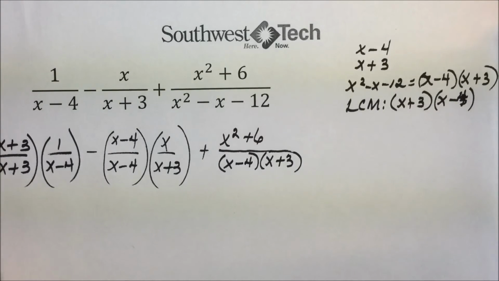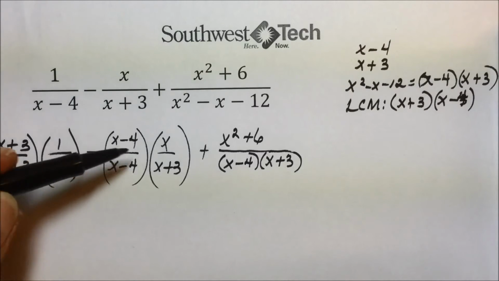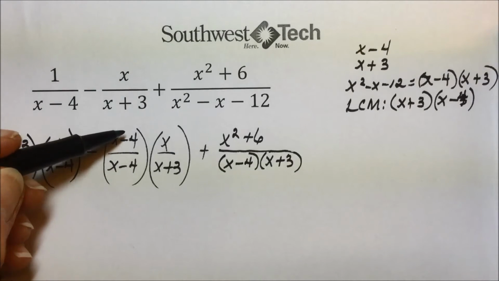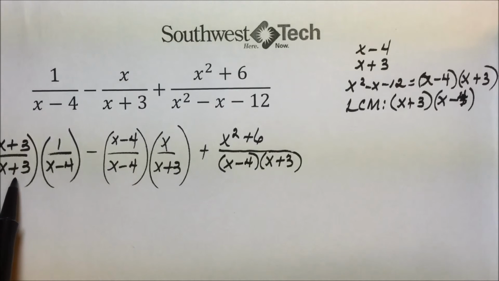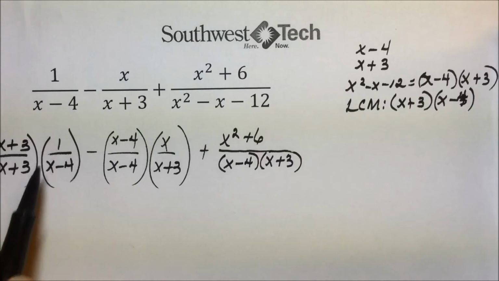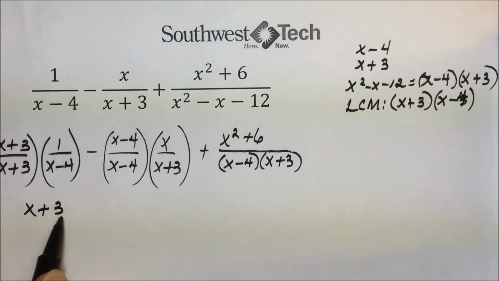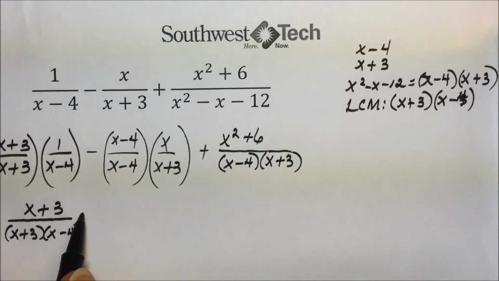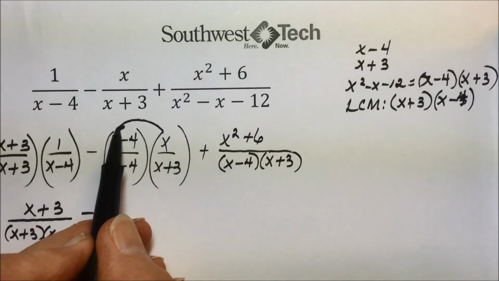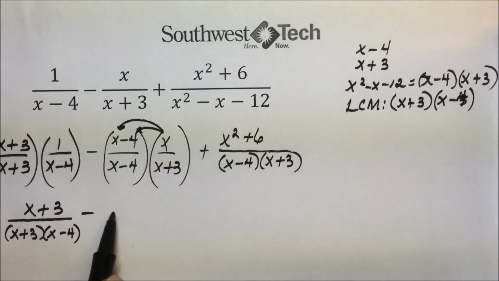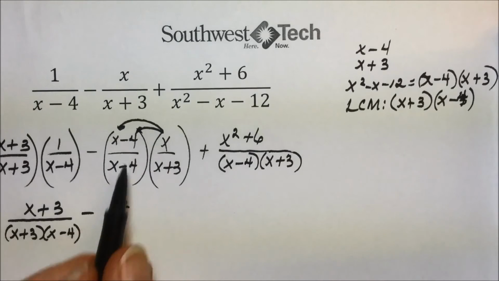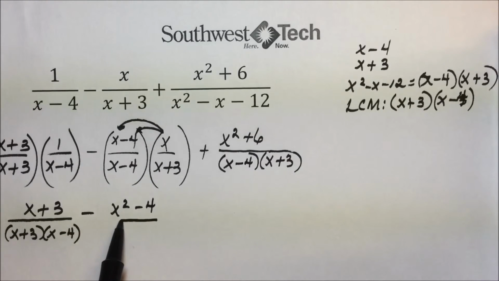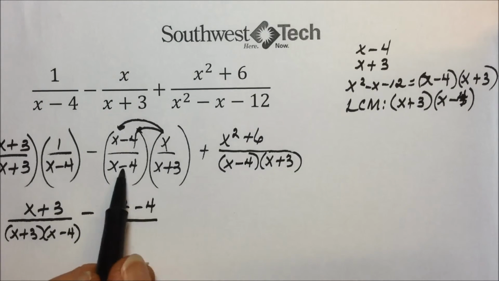Each one of the first two fractions was multiplied by a very special one that brings us up to a common denominator, and simplifying that, we have x plus 3 times 1 is x plus 3 over x plus 3 times x minus 4, minus, we have a distributive property here, x times x is x squared, x times minus 4 is minus 4, over the common denominator of, and order isn't important.